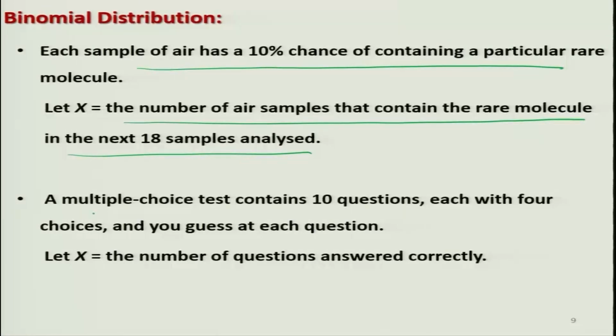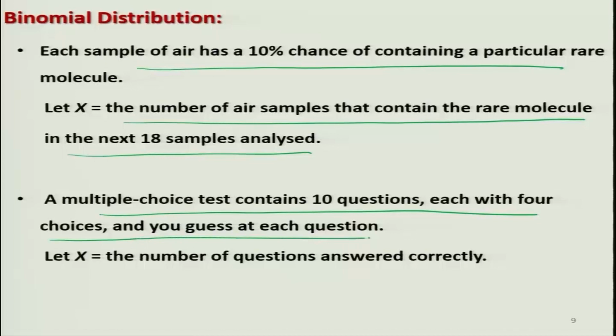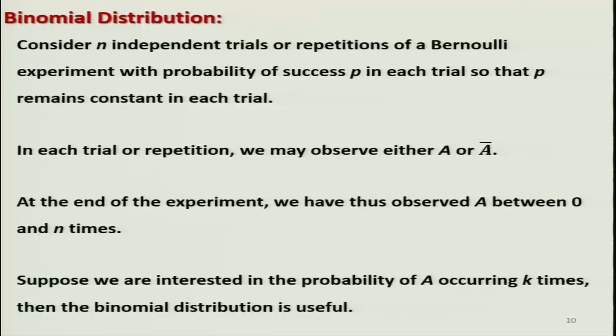Similarly, in a multiple choice test, suppose it contains 10 questions, and each question has 4 alternatives, 4 choices, and you have to guess each question. You don't know the answer to any of the questions. Then in every question there are 2 possibilities, whether your answer is correct or incorrect, right. If you consider a random variable, the number of questions answered correctly, then you are trying to find the probability of a certain event that has occurred.